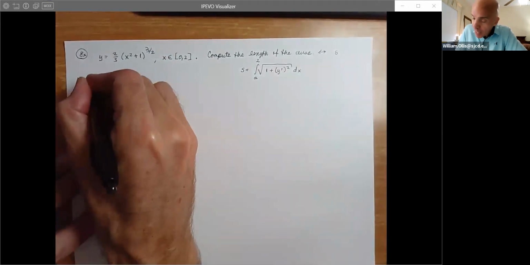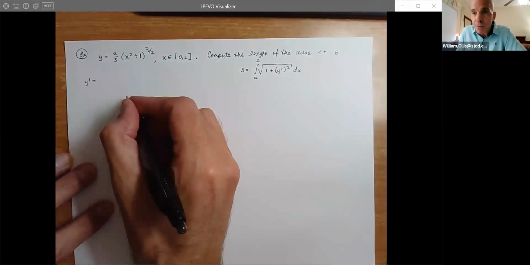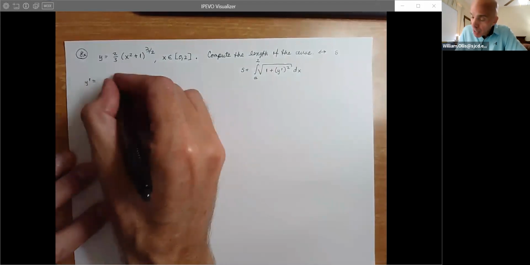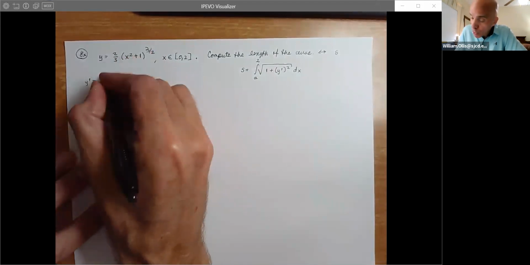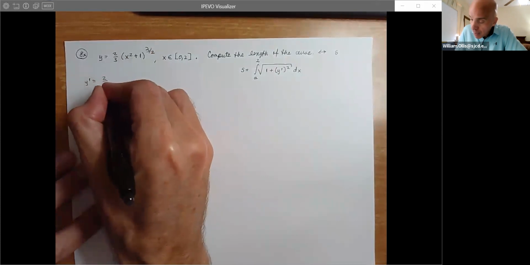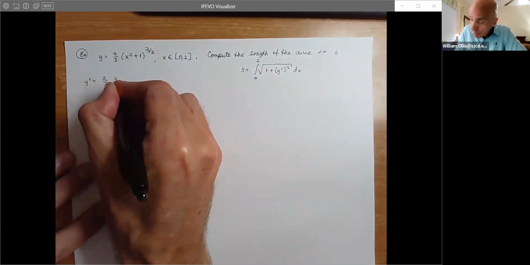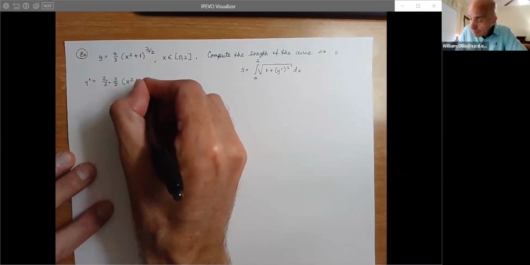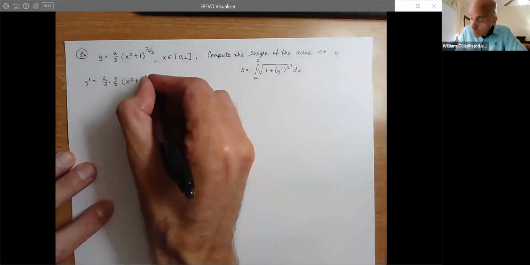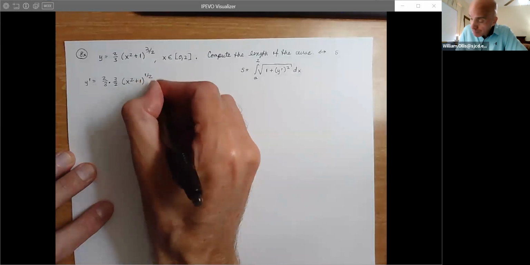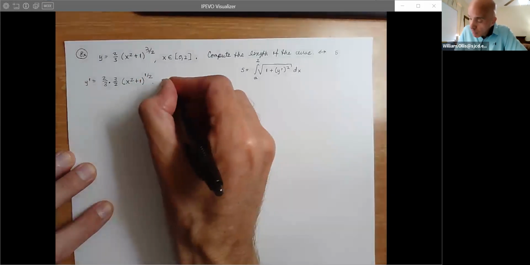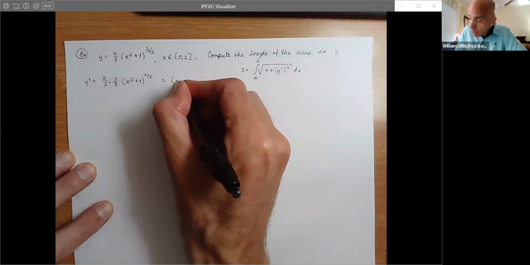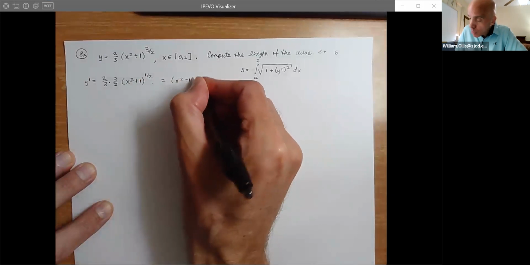Y prime, it's kind of like setting up a solid of revolution. So we're going to do what? 2/3 times 3/2 by the power rule, (x squared plus 1) to the 1/2, subtract 1. So this will give us (x squared plus 1) to the 1/2.